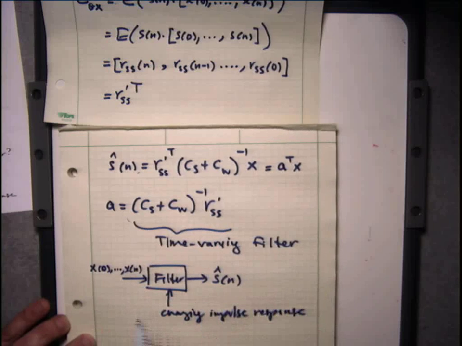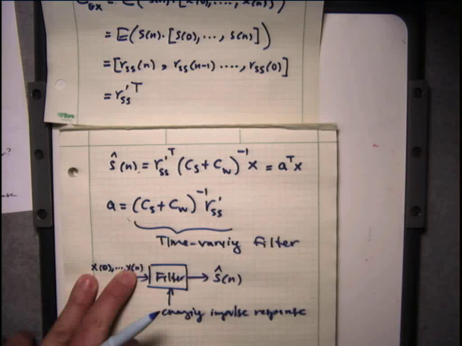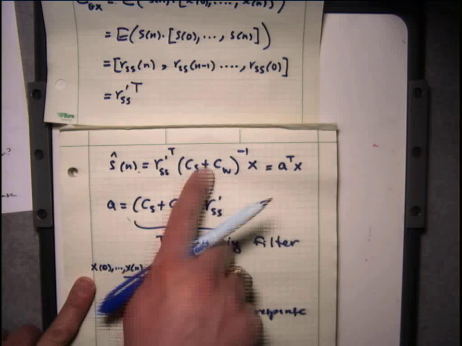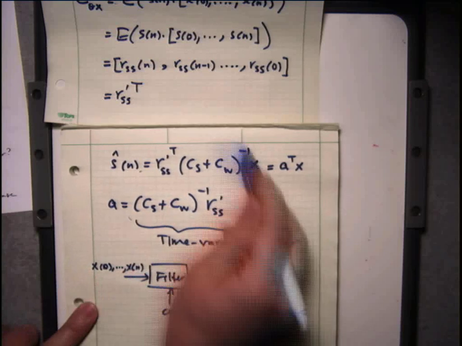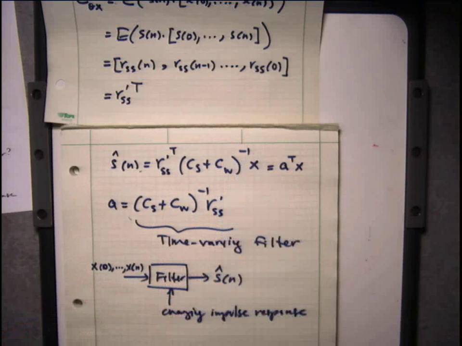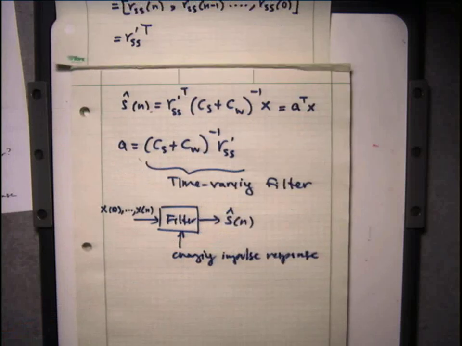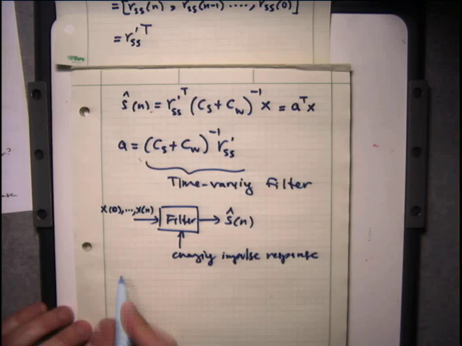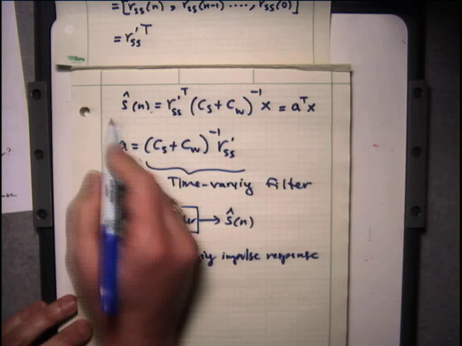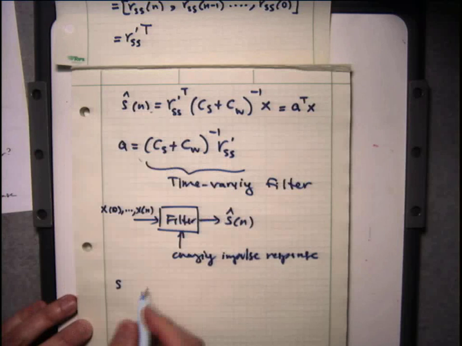And it's changing not in an arbitrary way, it's changing according to the input, and according to what you know, which is this term here. So let's see if we can be a little more specific about what the impulse response of this filter is. I'm going to write this expression in a slightly different way.